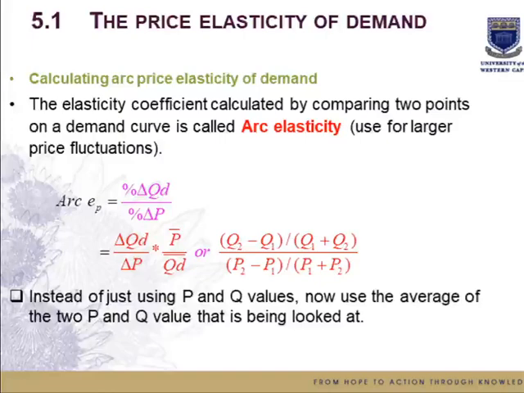However, for arc or midpoint, instead of just using one price and quantity value for the ratio of price to quantity demanded, this method uses the average of the two prices and two quantities in the calculation of the elasticity coefficient. In simple words, the arc method eliminates the dilemma of selecting the correct point by calculating a point elasticity in the middle of the 2 points.